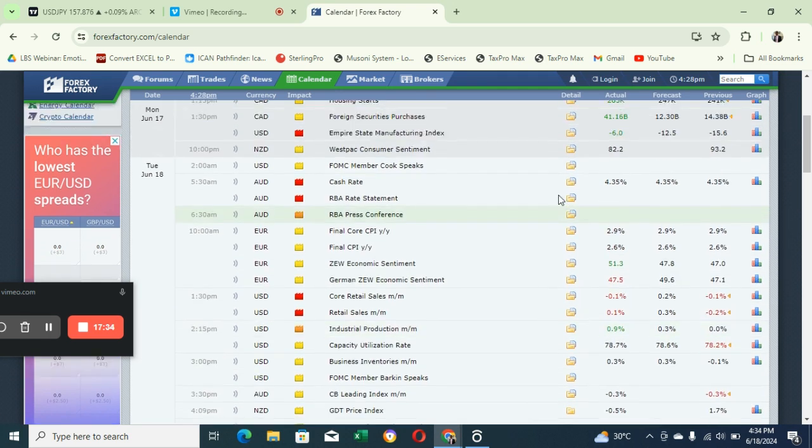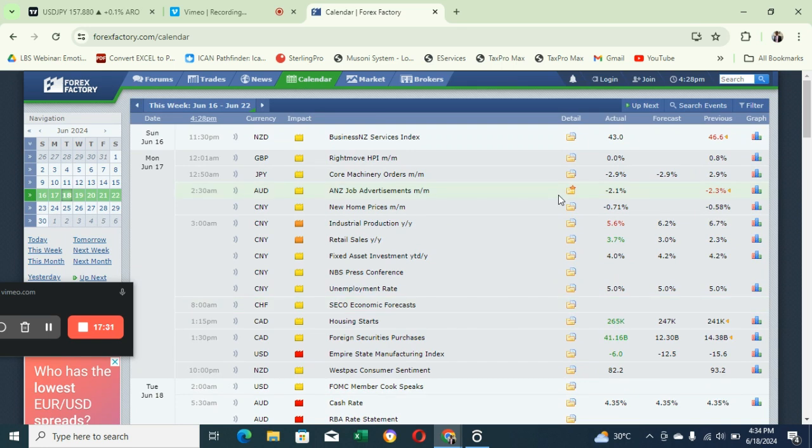Now let's check yesterday if there is any news, so that I can give another explanation of what I'm explaining here. This is a US-based currency and has a high impact. This is -6, but it's green. Let's check the impact. This is the Empire State Manufacturing Index.